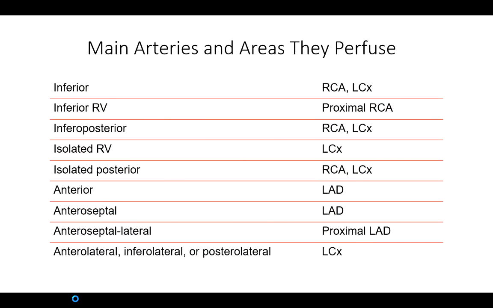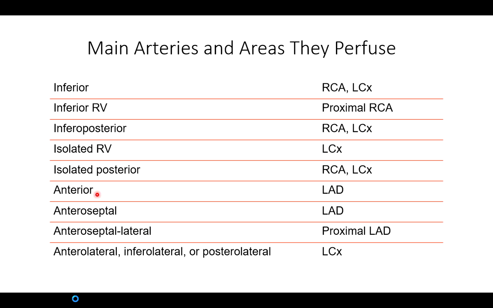So why is that important? Well, here's why it's important, because we have main arteries perfusing certain areas. So if we see a problem in 2, 3, and aVF, this tells me it's an inferior region of the heart. Maybe the right coronary artery or the left circumflex is impacted by this particular ailment.